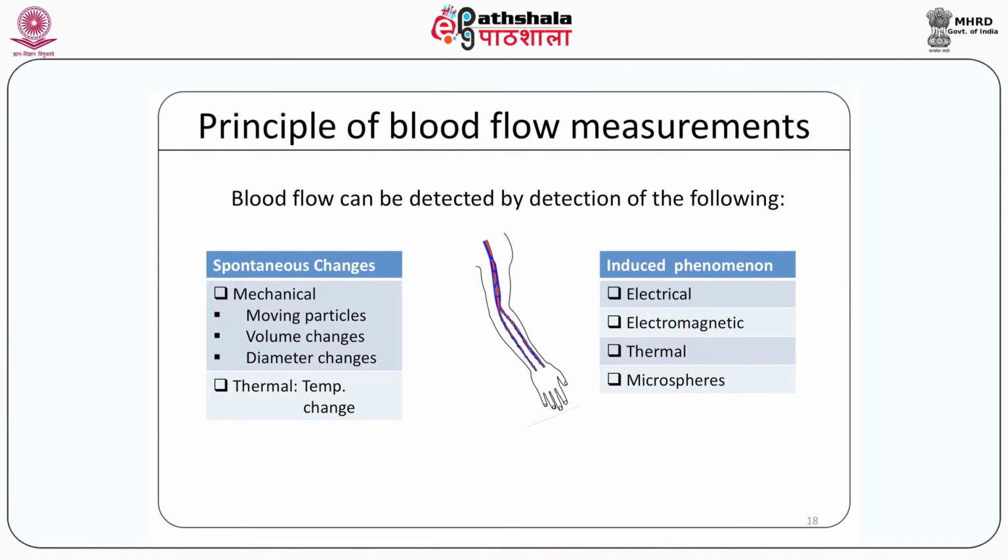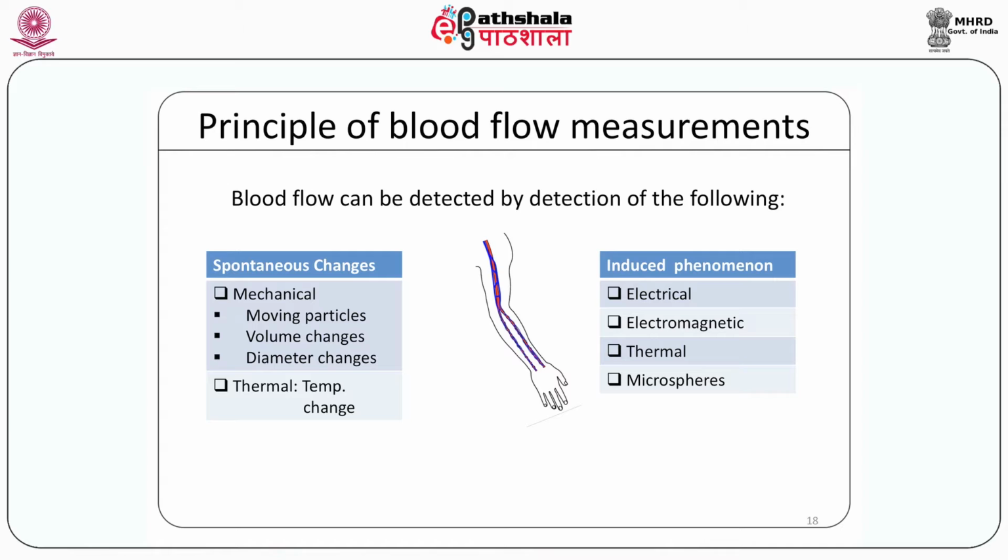This is an important slide which gives the information on the basic principles that work for measuring blood flow. The flowing blood results in several changes, such as movement of RBCs and other cells, and geometric changes such as volume and diameter of the organ.